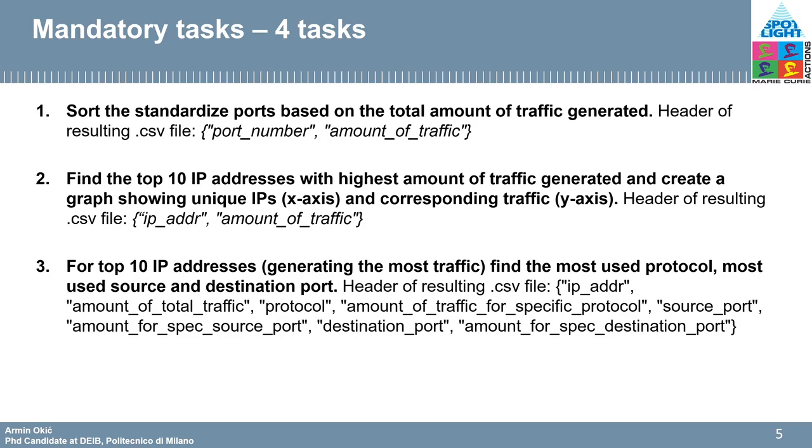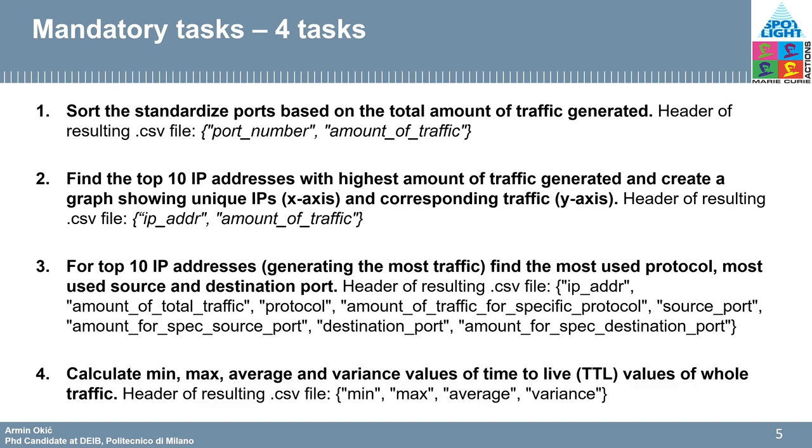It's similar to the second one, but additionally you need to find the most-used protocols and most-used source and destination ports for each of the top 10 IP addresses. The last one is to calculate the minimum, maximum, average and variance values for packet delay times.